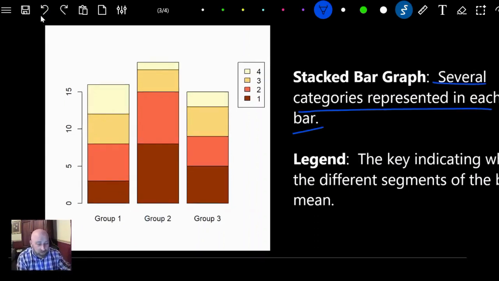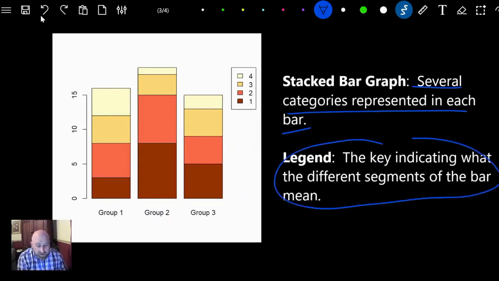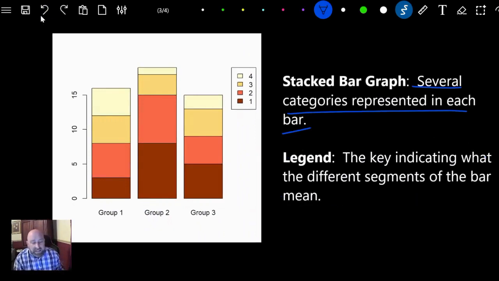Notice we have to have what's called a legend. A legend is a key indicating what the different segments of the bar mean. Here's the legend right here. The legend tells us that the dark ones are 1. 1 what? We don't know. This is not titled. This is not a great graph because it doesn't have a title on it. So we don't really know what we're talking about right now. We could call it something.